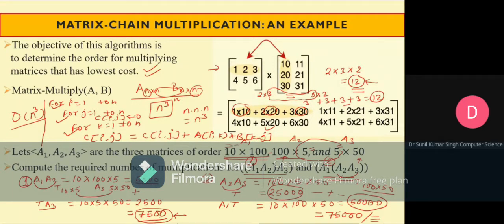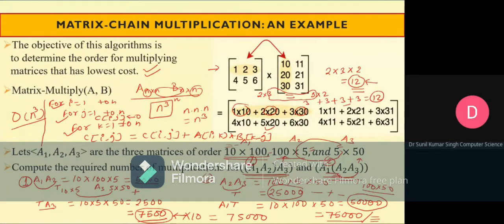And now if we are multiplying it like this, the number of multiplications are 10 times greater than the first case, because if you multiply with 10, it will become this one. So you can see this one is the sequence of multiplication going to be the optimal rather than this one.